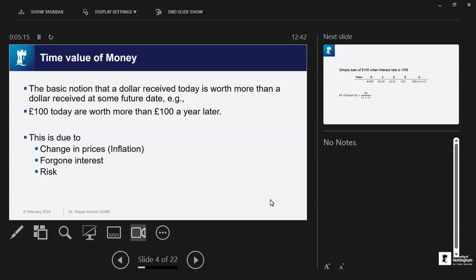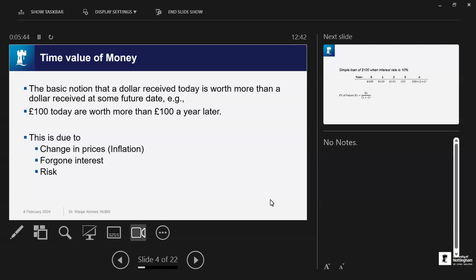Its present value might be different, simply because of the time value of money, which you have covered in several other modules, as well as in the first part of this module. So this is a cash flow into the future. What do we need to know? We need to know its value today. We are going to discount it at an appropriate discount rate.